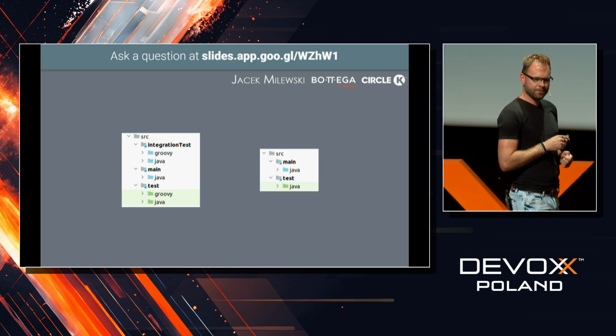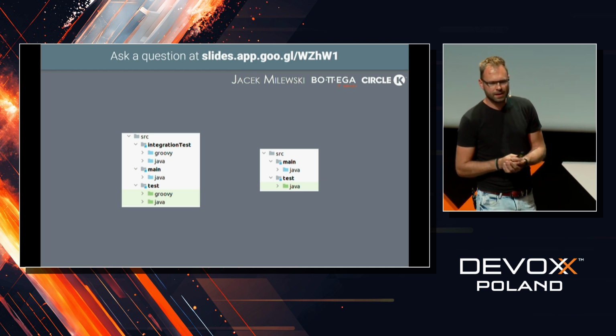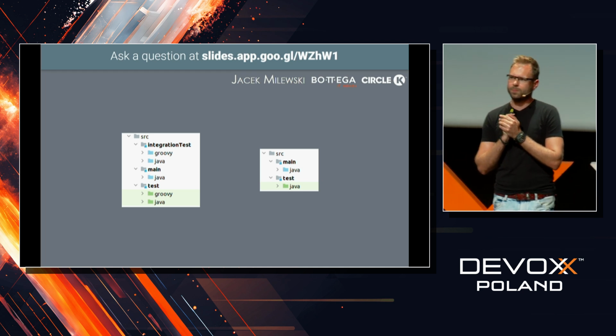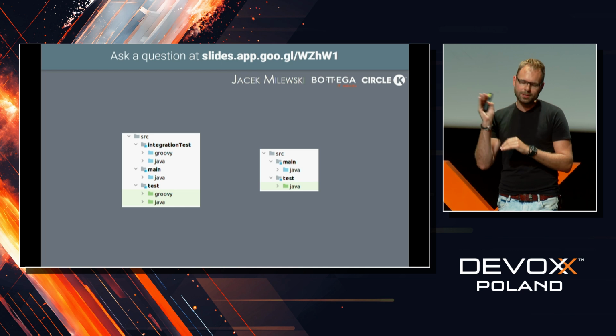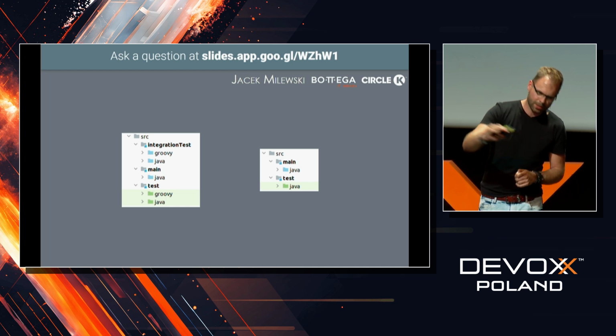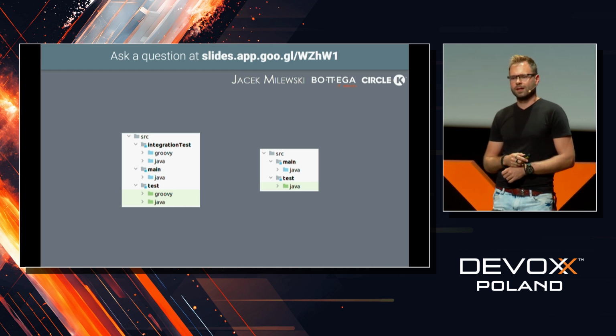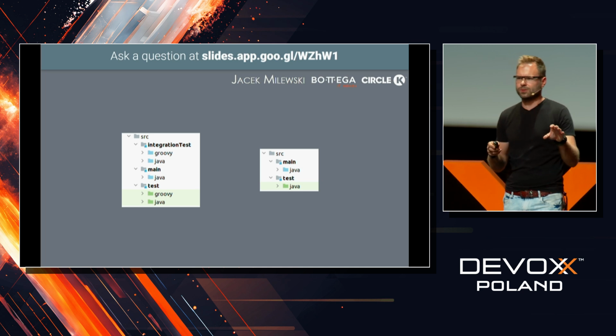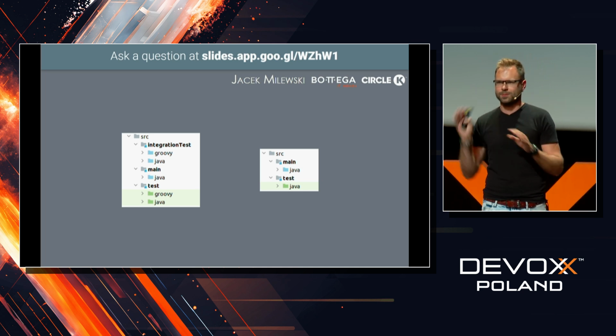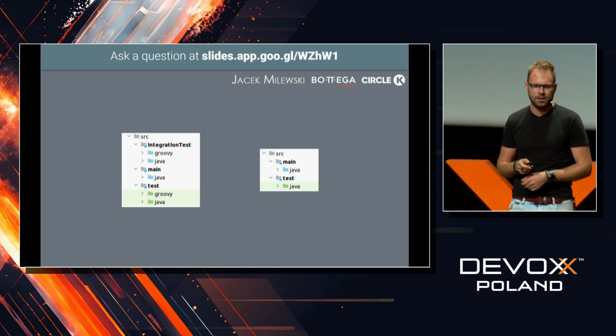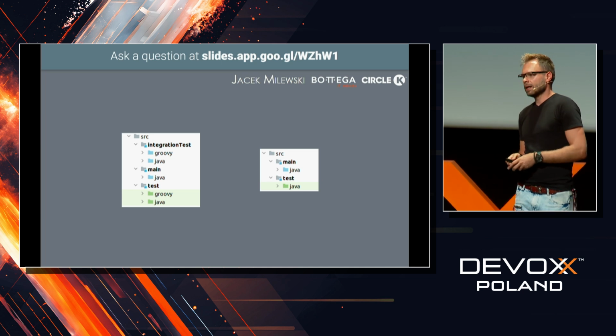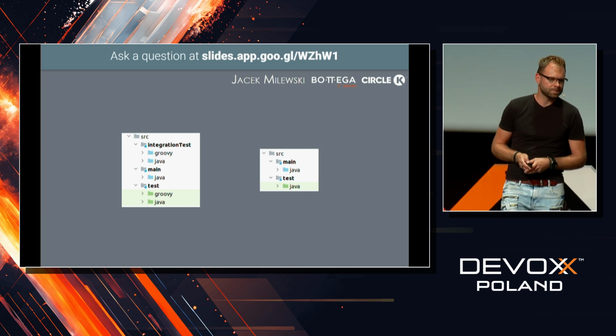Probably even simpler would be if you could pick not by directory, but by just putting everything in src/test. Somehow build tools forced us to create two separate directories, but there are ways in the 21st century to overcome this.